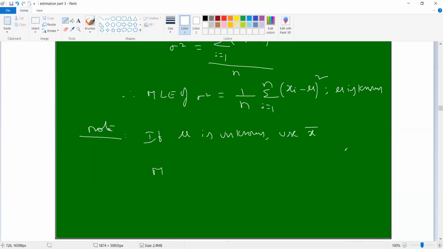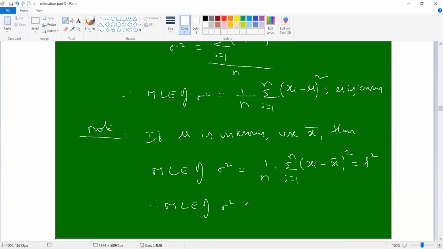In this case, the MLE of sigma square is equal to 1 by n summation i equal to 1 to n of (xi minus x bar) whole square. This is the same as small s square. Remember, here MLE of sigma square is equal to small s square, the sample variance.